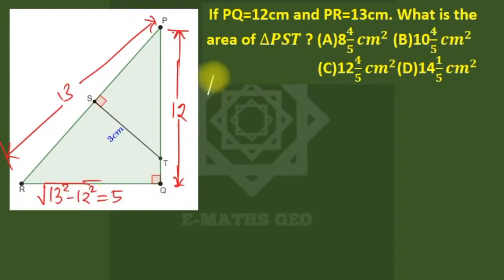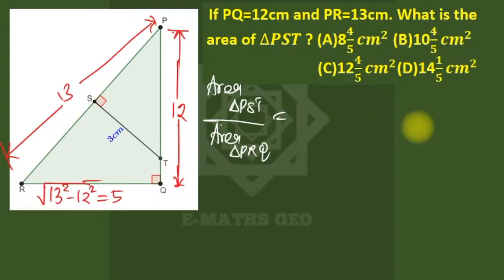We're looking for the area of triangle PST. Using the ratio of areas, PST is this small one to the big one, PRQ, which is the ratio of the squares of the corresponding sides. So 3 corresponds to 5 here because they are facing the same angle. So I have 3 squared over 5 squared, which is 9 over 25.